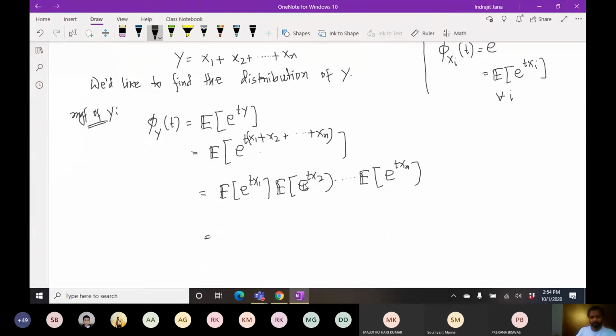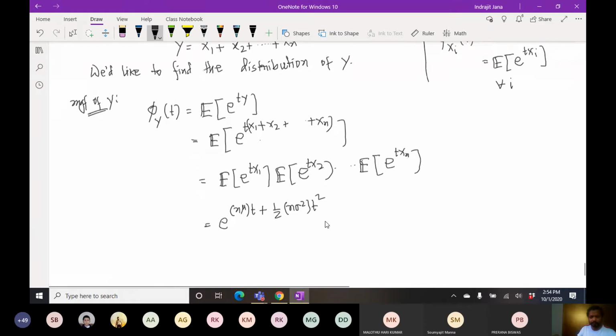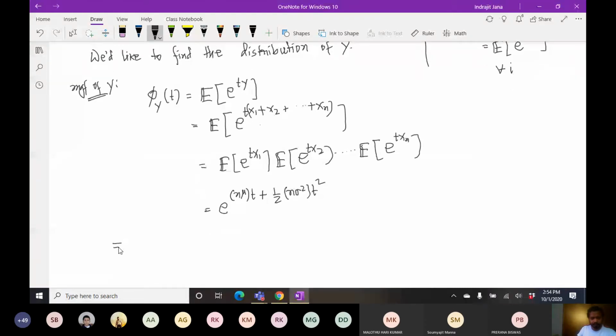Essentially you are taking the product of n of those, so it is going to be e to the power n mu t plus 1/2 n sigma square t square. That tells you that this y follows a normal distribution with mean n mu and variance n sigma square.